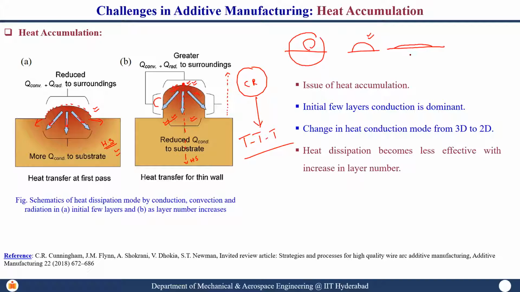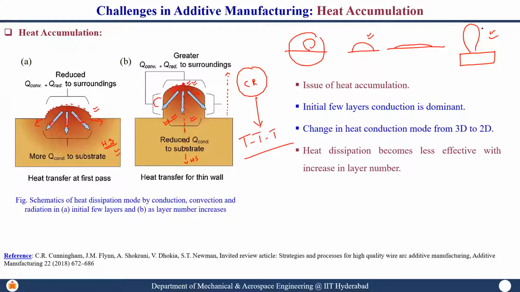It will overflow. As the wall keeps on depositing, it becomes wider and wider, and you will have a teardrop shape. This is what you will end up with if you don't control the process parameters properly. You will have a teardrop rather than a rectangular wall. This is the next challenge in terms of geometry.